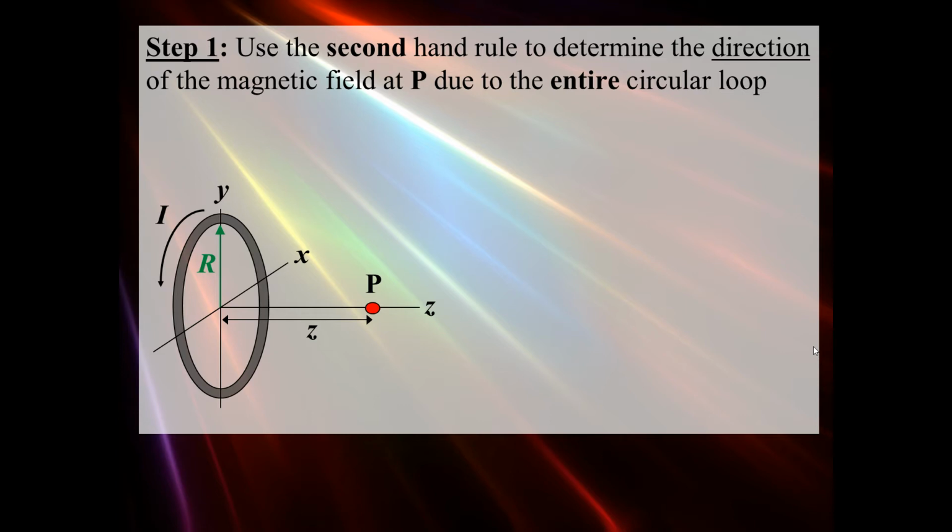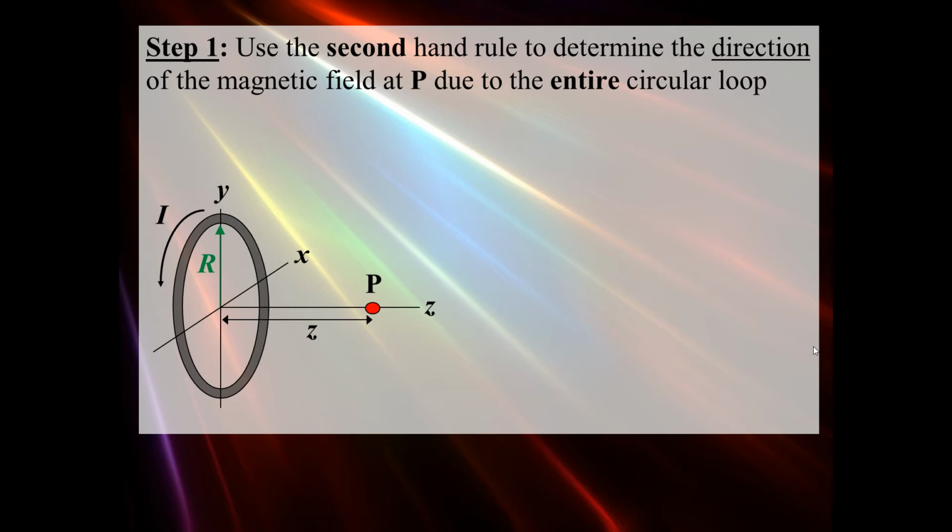Step one, we need to first of all deal with what the direction of this would be. To figure out the direction, we can use the second-hand rule to determine the direction of the magnetic field at P due to the entire circular loop. The way to visualize this, for a moment, just in terms of direction, is to think of the loop as being a solenoid that would have loops of wire that expand towards the right side of the page.